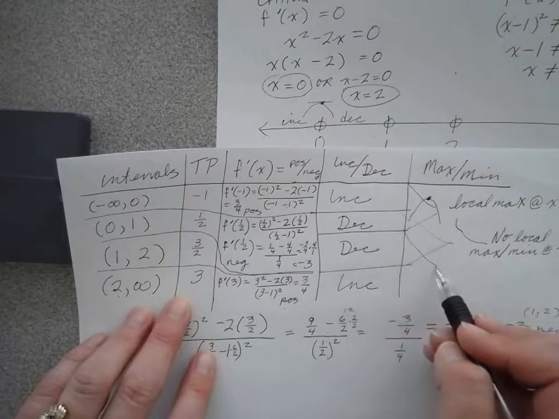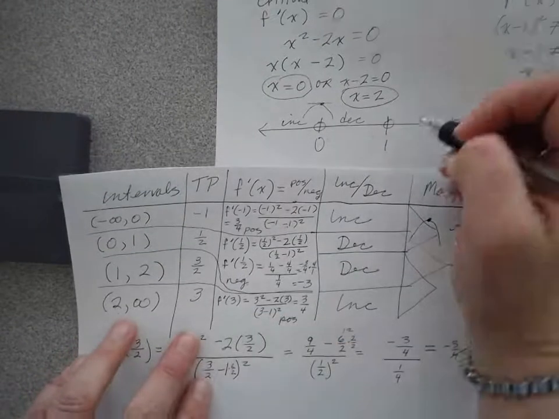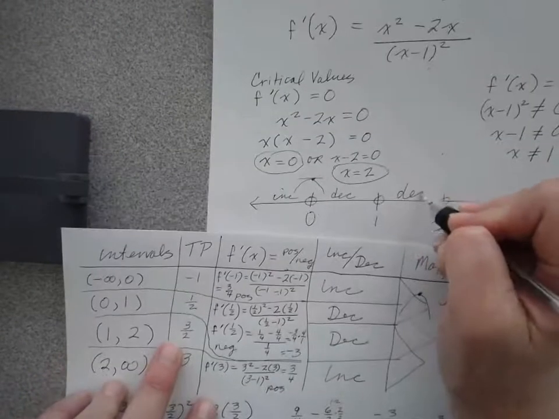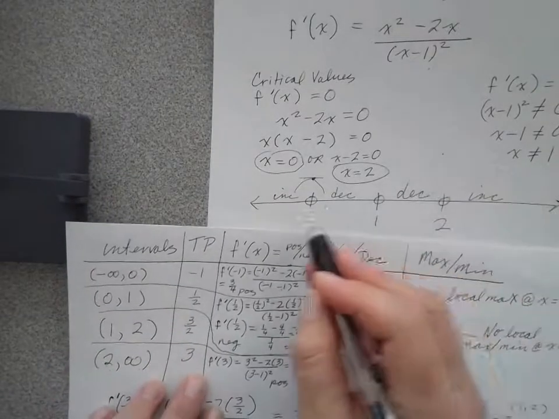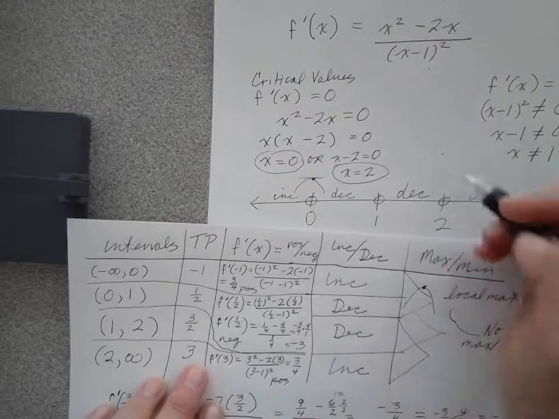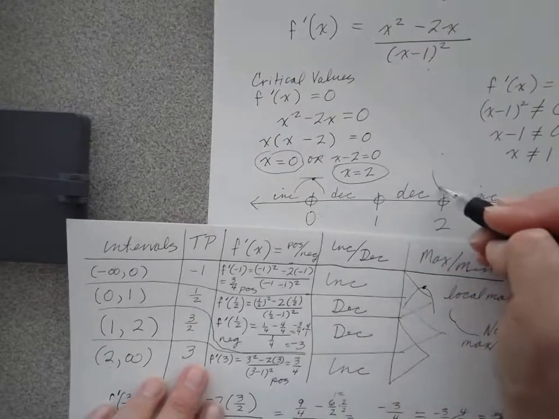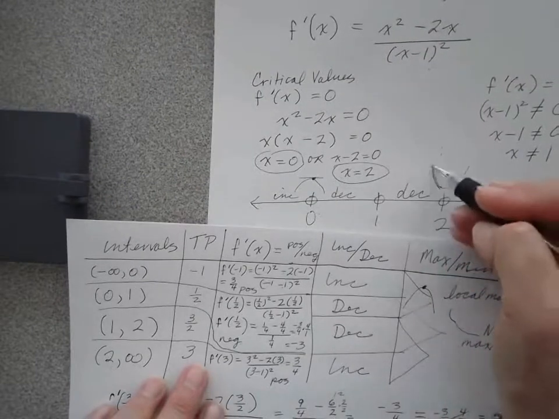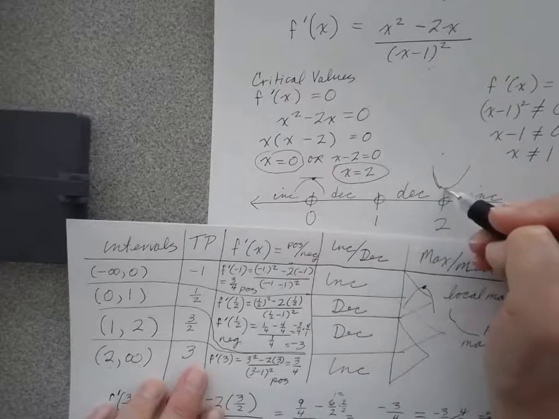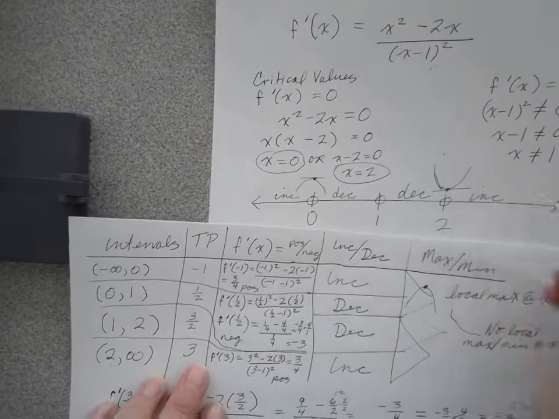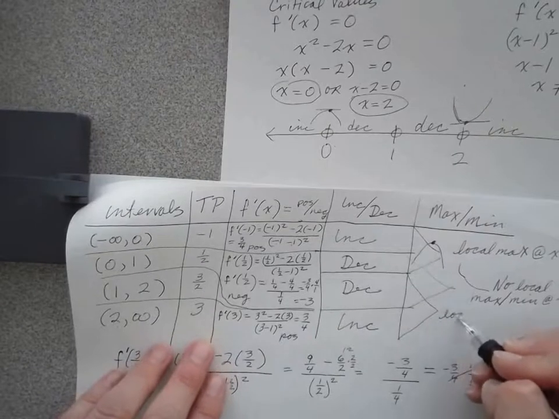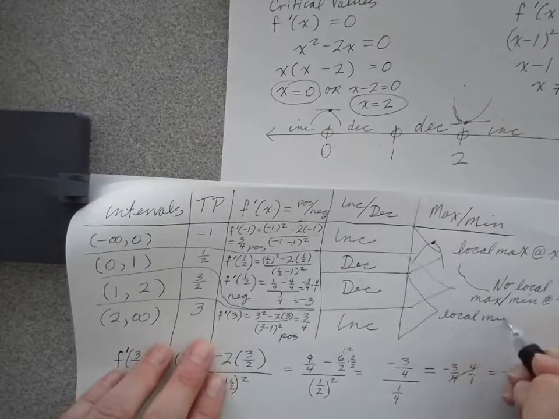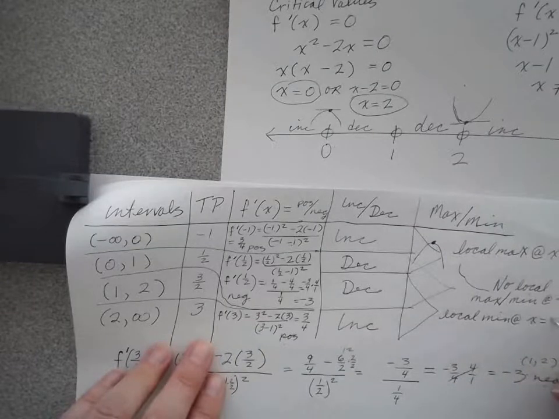So then the last two, between 1 and 2 it's decreasing, and then increasing. So only where it changes from increasing to decreasing, or from decreasing to increasing, what's there at x equals 2 then? Local min. Okay, so local min at x equals 2.